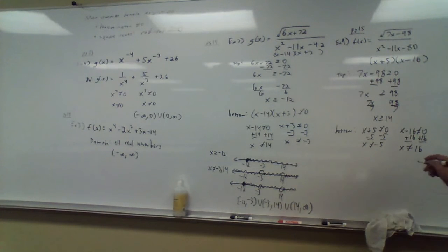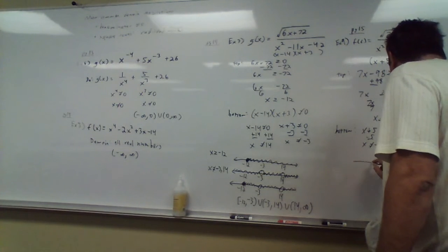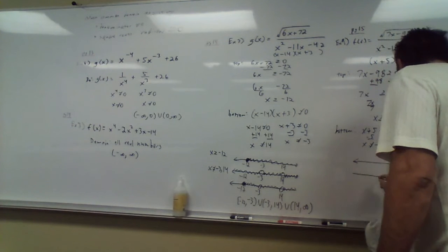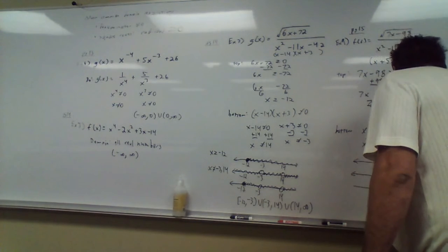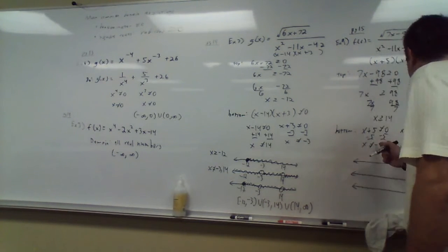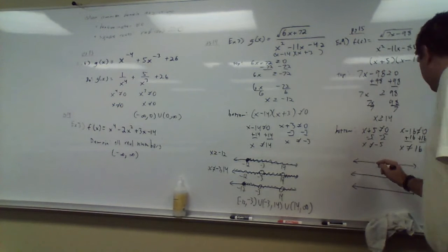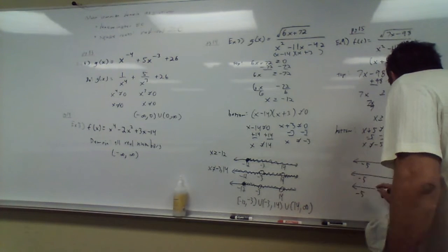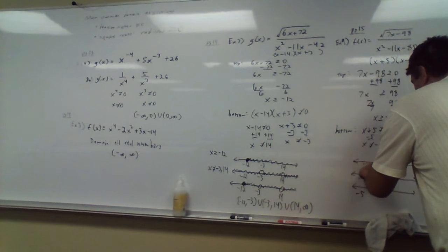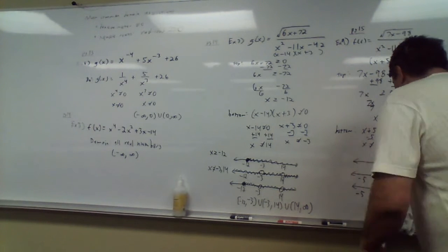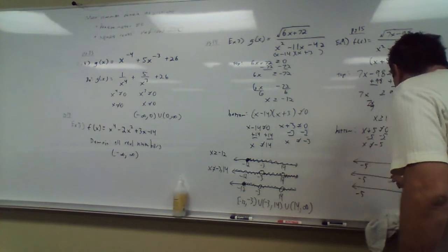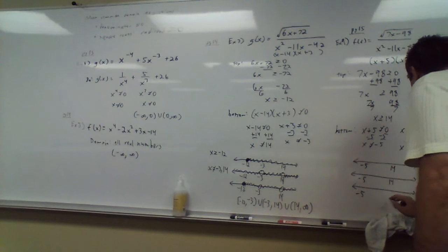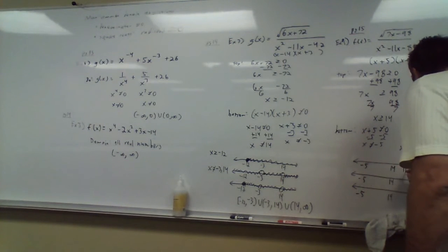All right, so I'm going to set my 3 number lines. They're going to have all 3 of the critical points in numeric order. Negative 5, negative 5, negative 5. I suppose I could leave a little bit of daylight here. 14 and 16.